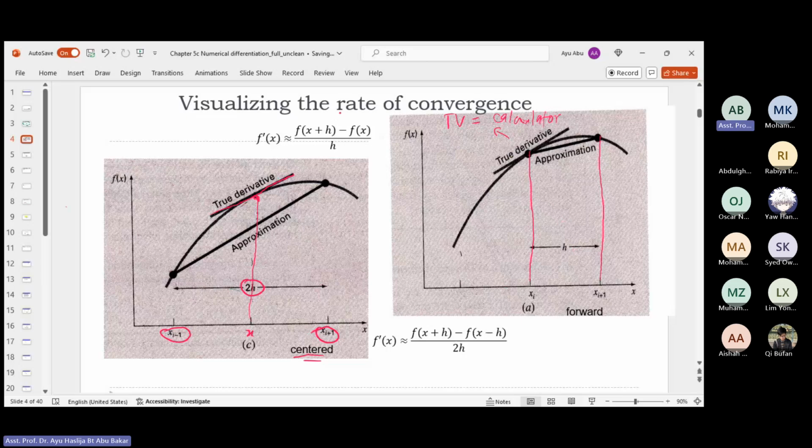So forward, always remember forward, you will see the equation f(x plus h) minus f(x). Centered is f(x plus h) minus f(x minus h) over 2h. Centered between two points, forward and backward.